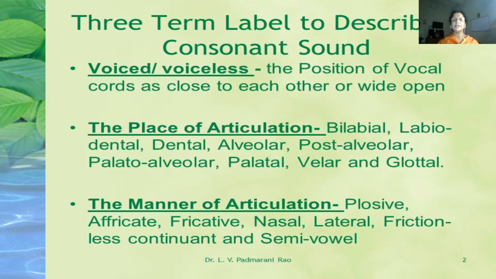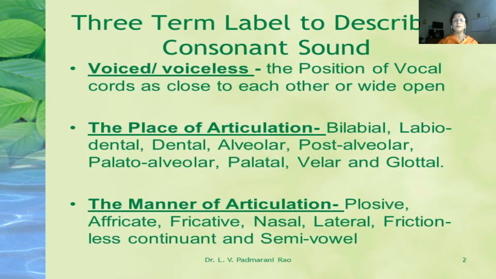If the vocal cords are widely separated and open, the air can pass through freely, thereby producing the voiceless sounds. This becomes the first important term to describe a consonantal sound: whether the sound is voiced, where the vocal cords vibrate, or voiceless, where the vocal cords do not vibrate.